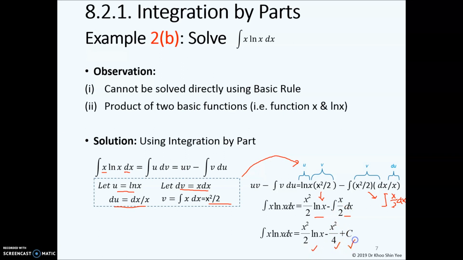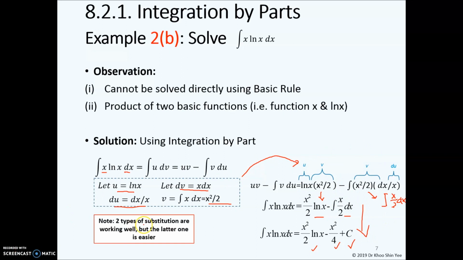And don't forget the c. So it seems that this method, if you choose the correct u, you can solve the problem in a much easier way. So both substitutions, either you choose u equal to ln x or u equal to x, both are working well, but this one is much easier.